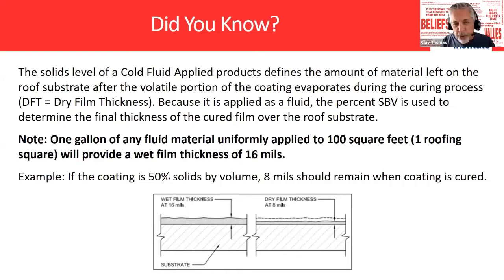A mil is the imperial system, 1/1000th of an inch. So when I say 40 mils, that's 40/1000ths of an inch. You guys know how much it is, probably about the thickness of a credit card.